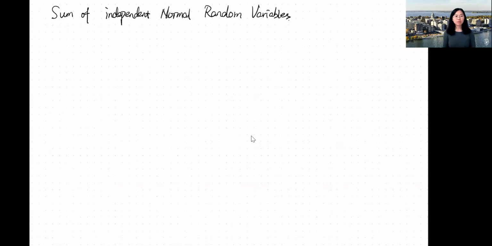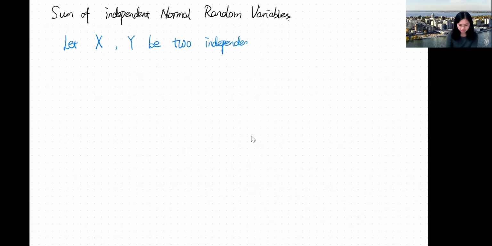The last thing I want to mention is the sum of independent normal random variables. Let X and Y be two independent normal random variables.